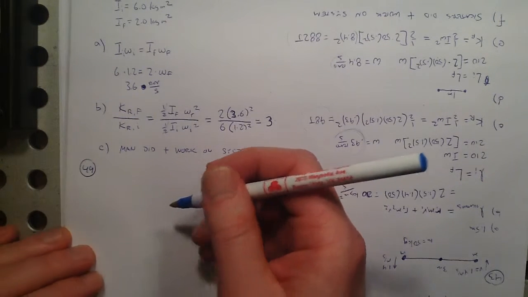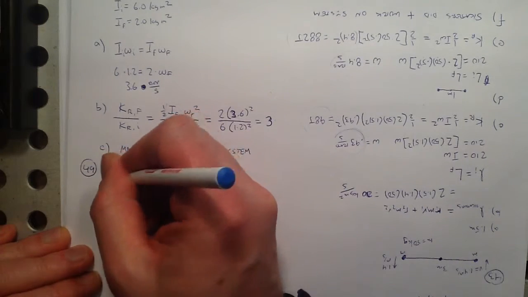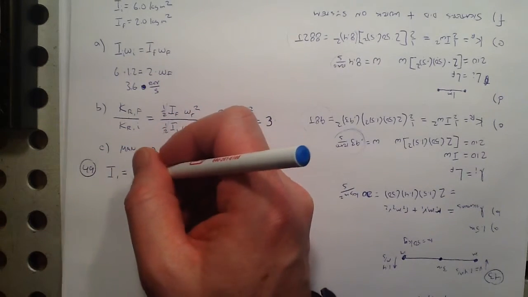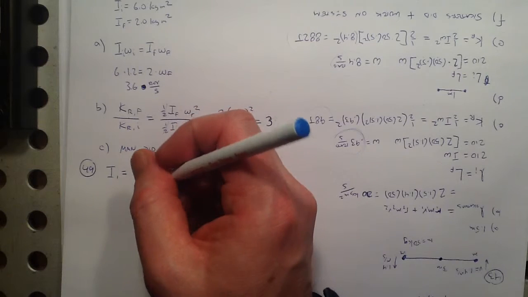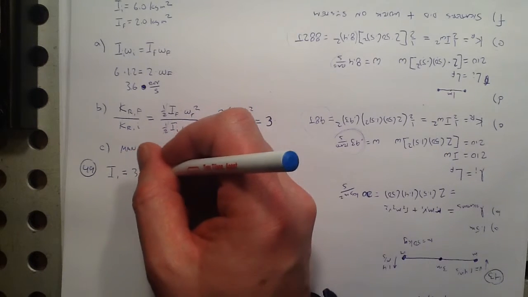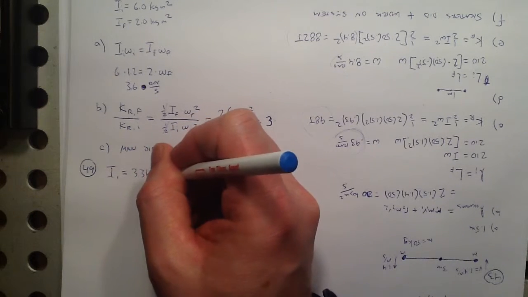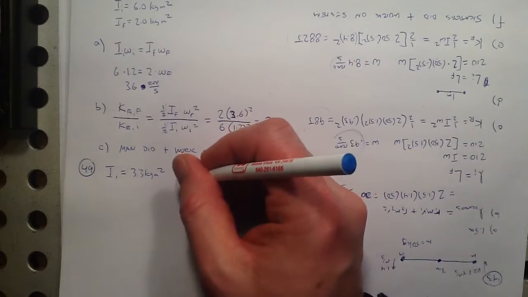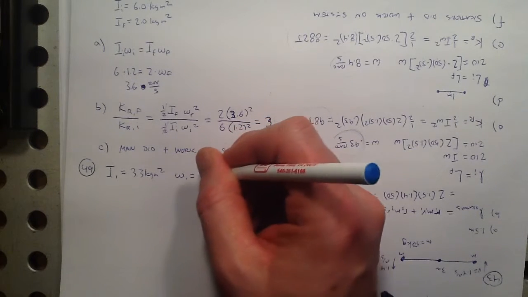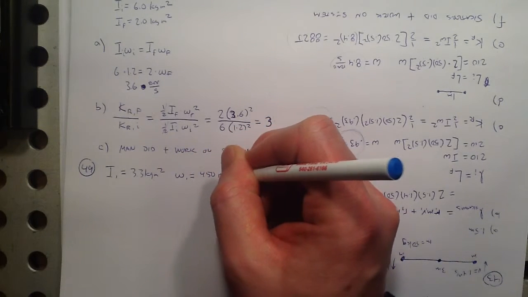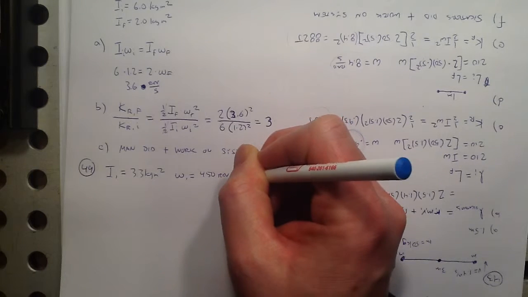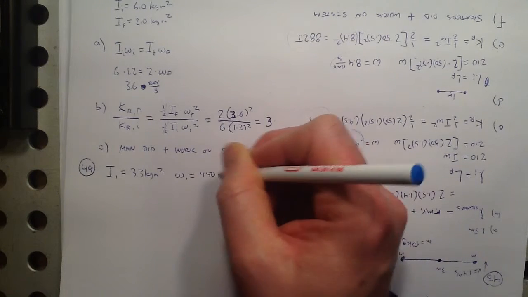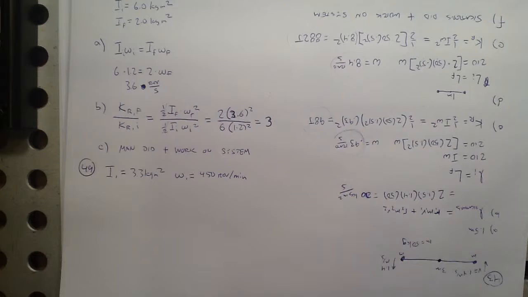The rotational inertia of the first disc is 3.3 kilogram meters squared about its central axis, and it is set spinning counterclockwise at 450 revolutions per minute. So we may have to change those units, we'll see.